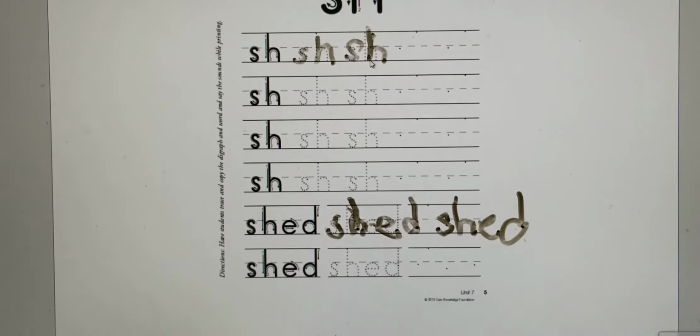Finger space and sh, e, d, shed. Okay, Mrs. Bonomo's trying very hard to write correctly, but it's a little difficult when we're not on the smart board.